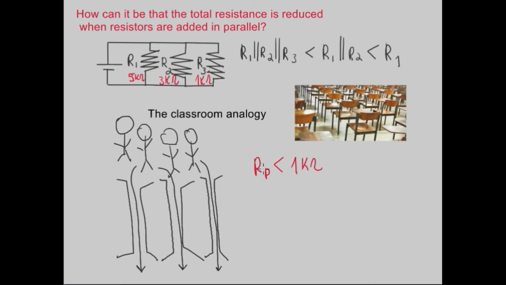And that is because the smallest resistor is represented by the widest corridor, that's the 1 kilo ohm, and the biggest resistor is represented by a very narrow corridor, that's the 5 kilo ohm, and the overall resistance that these two corridors represent is smaller than even the resistance of the 1 kilo ohm.